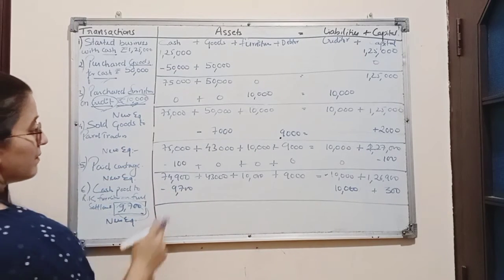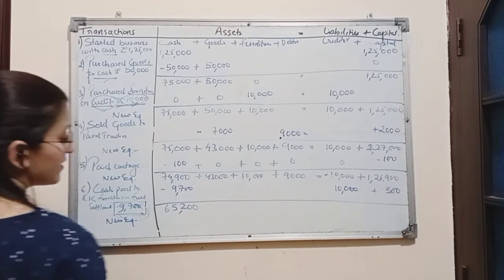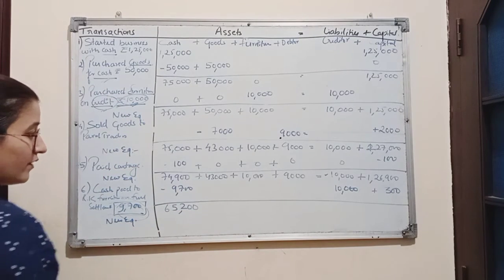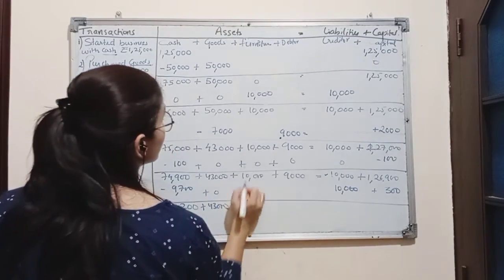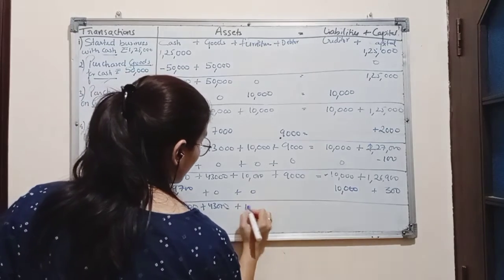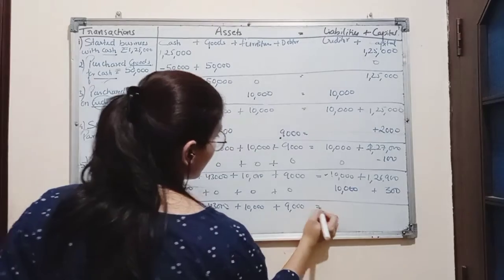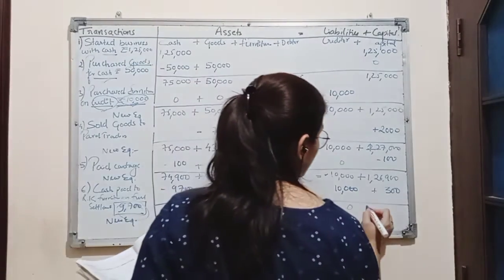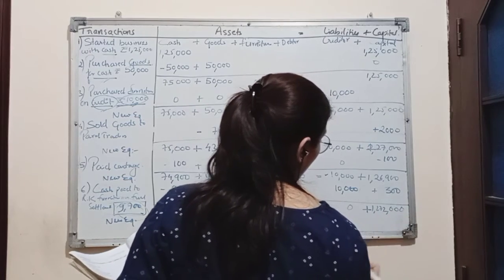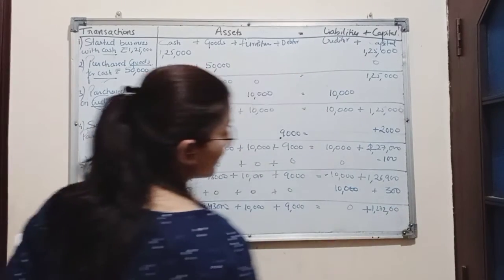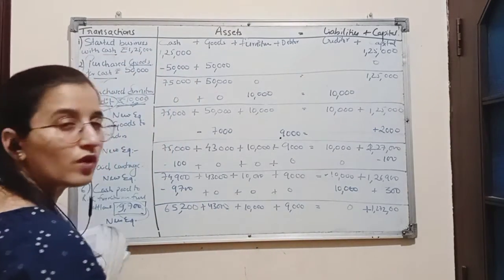where cash will be amounting to rupees 65,200, goods 43,000, furniture 10,000, debtors 9,000, creditors 0, and capital amounting to 1,27,200.